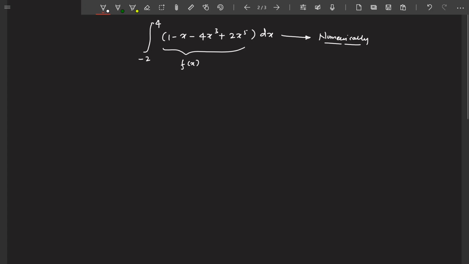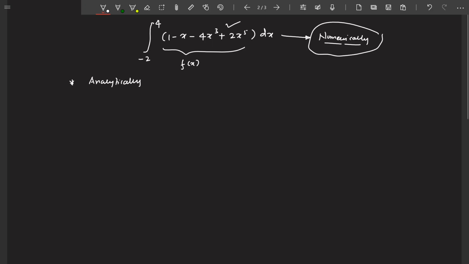I just want to demonstrate to you the concept of numerical integration. But in real life, this function is going to be very complicated, such that you cannot find the integration of those functions analytically. Okay, so before we talk about numerical integration, let us first find out the integral of this function analytically.